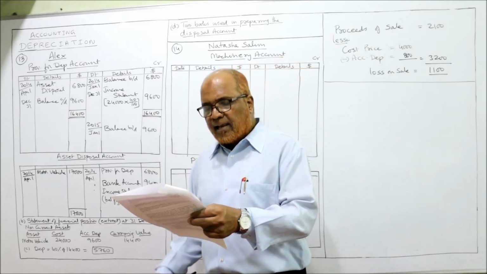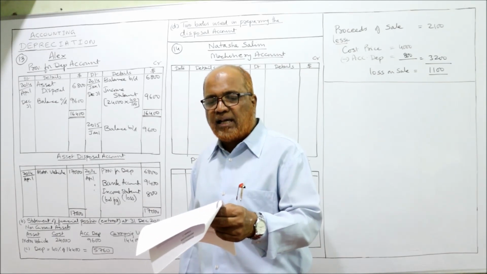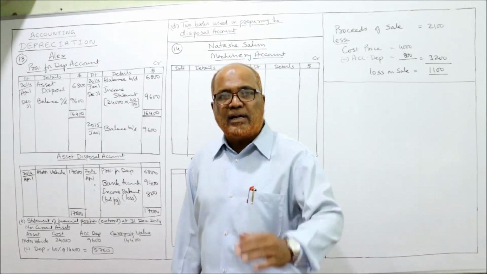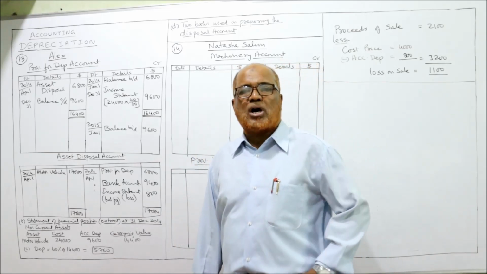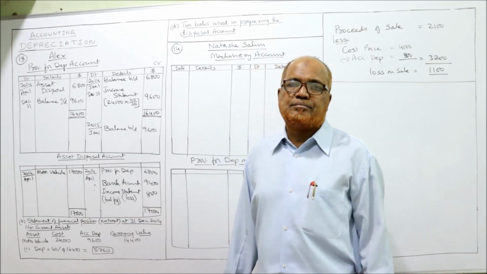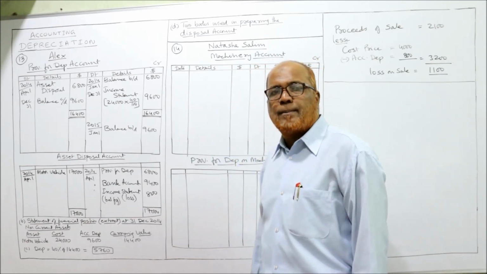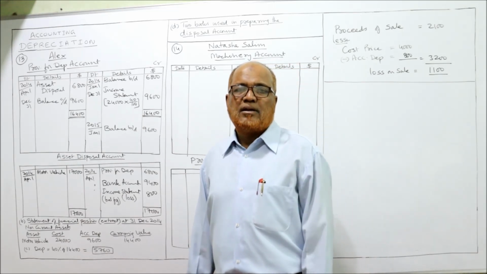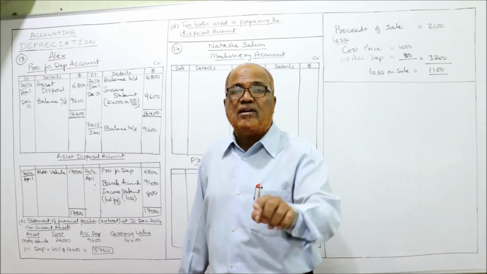Part C. Calculate the depreciation which will be provided on the new vehicle in the year ending 31st December 2015. 2015 means next year. So how much depreciation will be charged on the second vehicle? What is the carrying value here? We have 14,400, because we are following the reducing balance method. Reducing balance method means we have to calculate depreciation on carrying value.